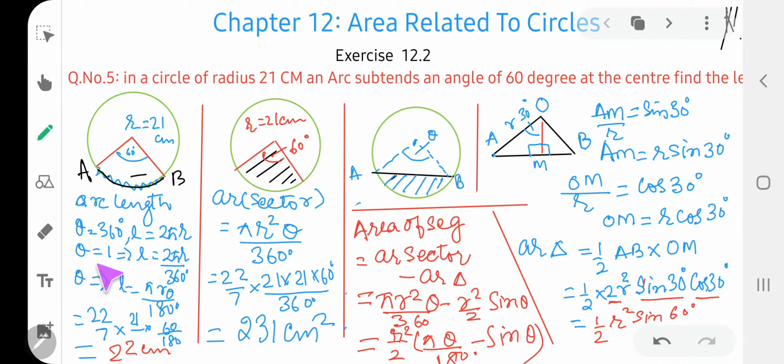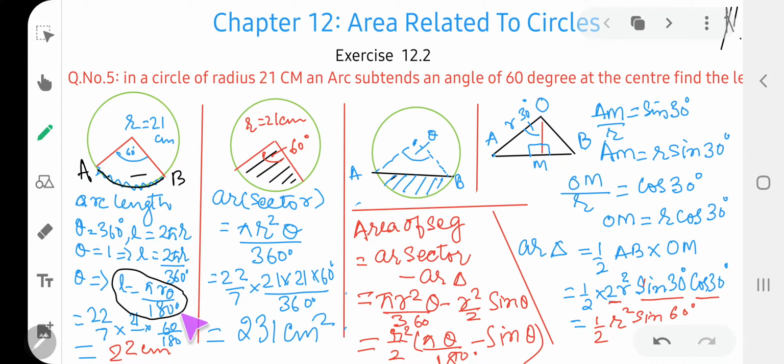If theta is 1 degree, arc length will be 2 pi r divided by 360. And if it is theta degree, theta can be any angle. In this question it is given 60 degree, but if you are solving another question, then theta will be given. So if it is theta, then arc length will be equal to pi r theta by 180 degree.